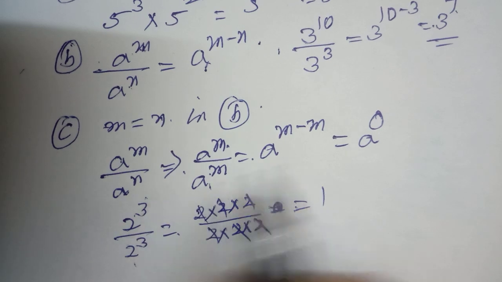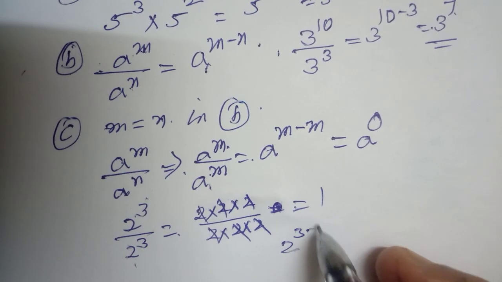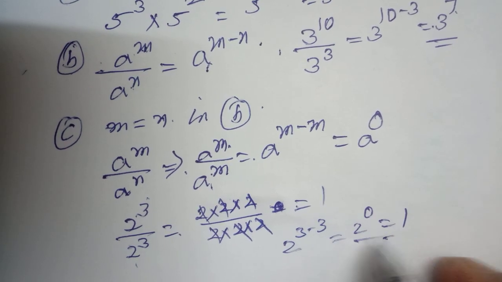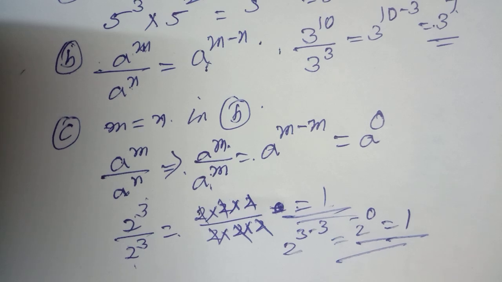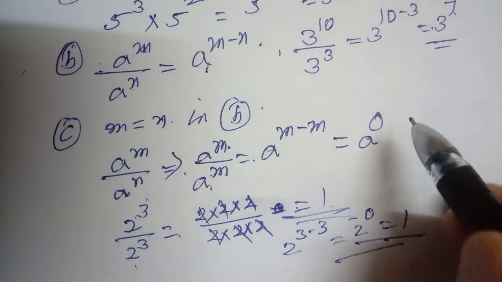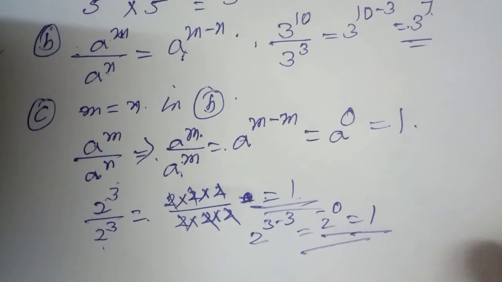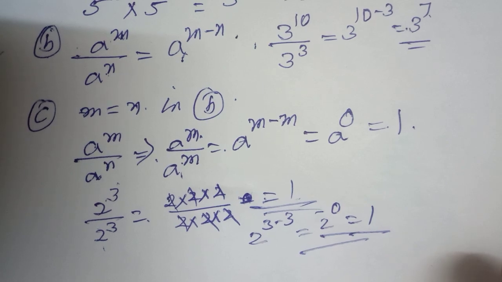When we use the formula, we get 2 to the power of 3 minus 3, that is equal to 2 to the power of 0, which is equal to 1. So what is the value of a to the power of 0? It is 1. Very good, children. Now let us look into the other identities.